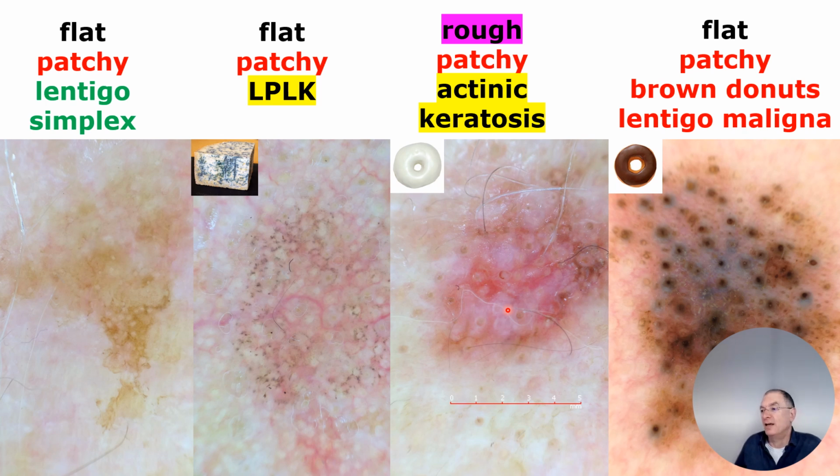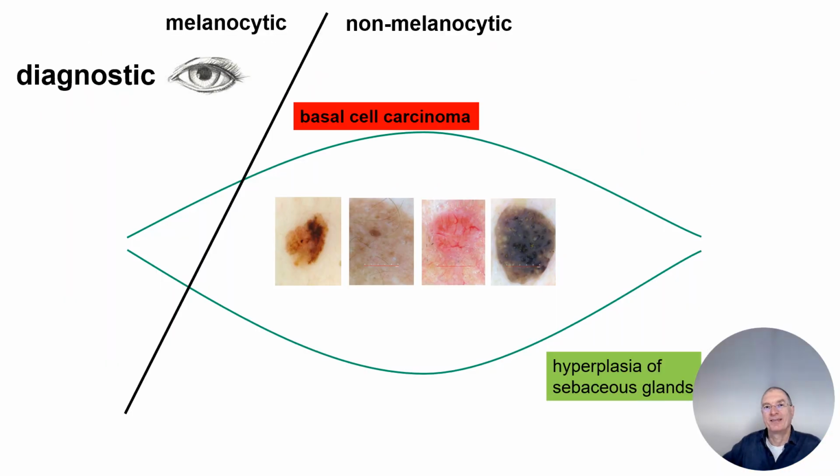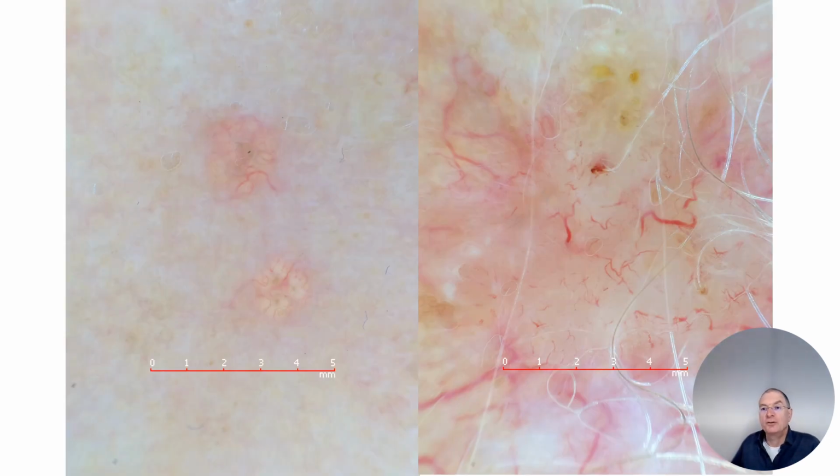And patchy. A lot of brownish donuts here, and when the donuts are closed, then we know we have the invasive lentigo maligna melanoma. Okay? So in the next pair, I like to compare basal cell carcinoma with hyperplasia of sebaceous glands. And here the vessels are the clue.